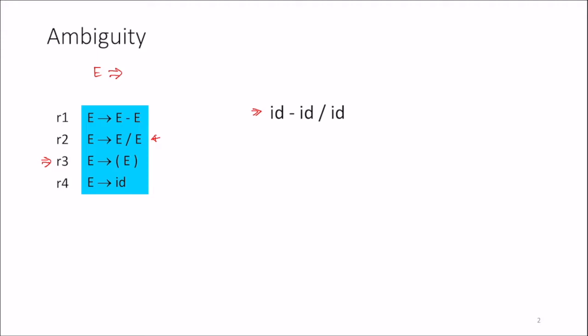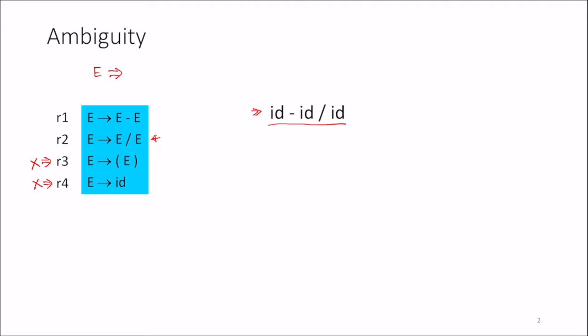So whenever I produce a parse tree, it better only have this input string, ID minus ID divided by ID, on the leaf nodes of the tree. Otherwise, it doesn't count as a parse tree for this input, right? So this one is out. And this one, I guess, is out as well because I need to get some operators in there, right? I cannot just get one ID.